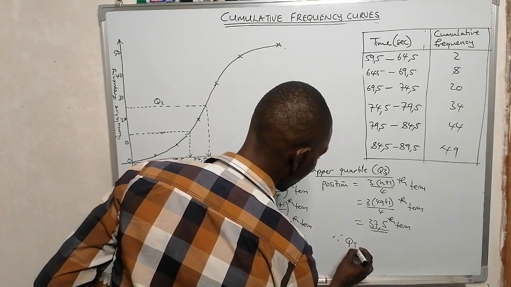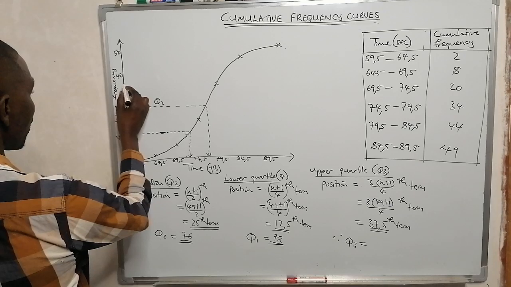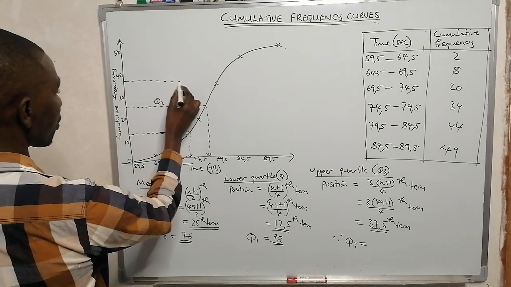Therefore, Q3 is equal to the 37.5th term here.